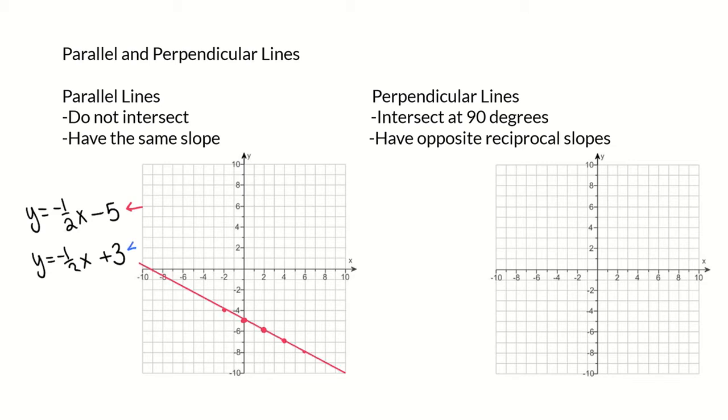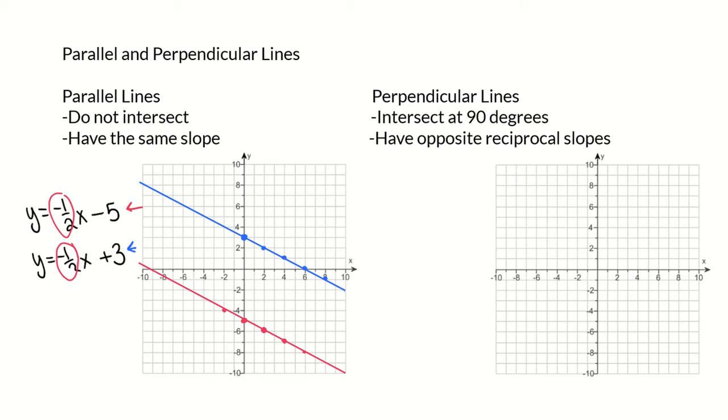And now the second line. And we can see that these two lines are parallel and that they do have the same slope. So having the same slope will make the lines parallel.